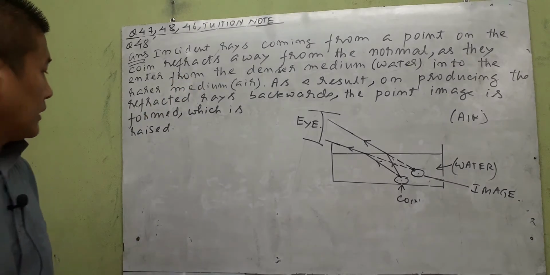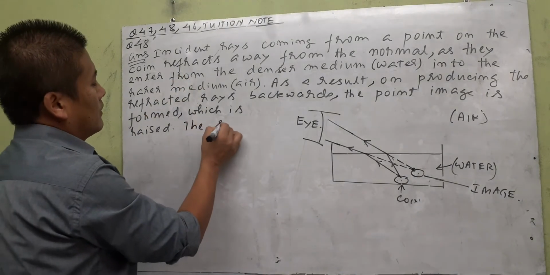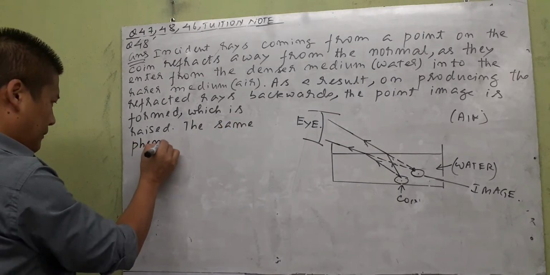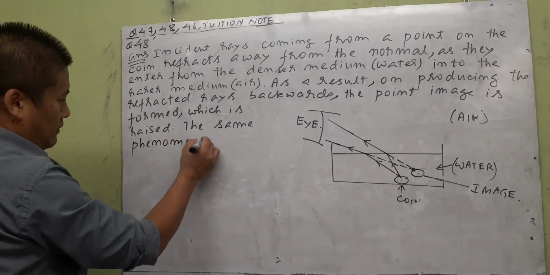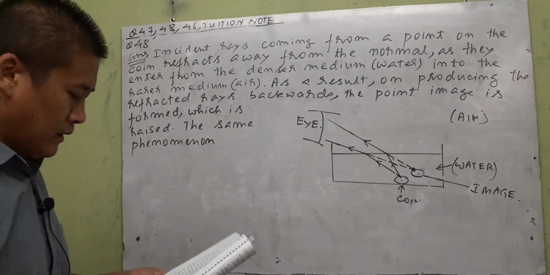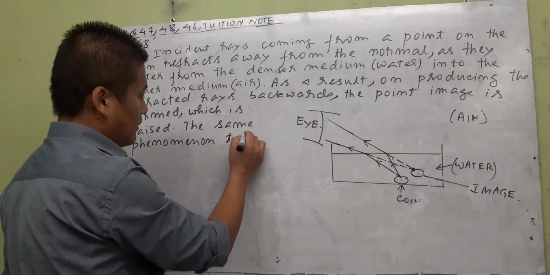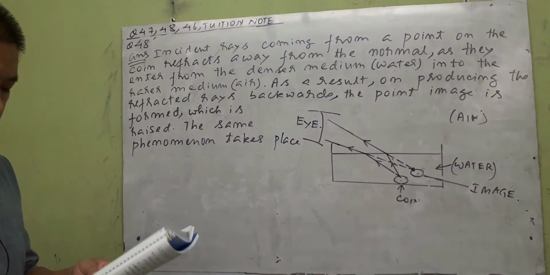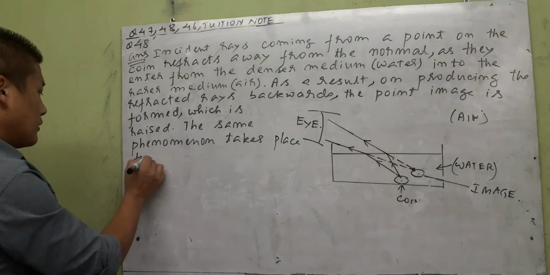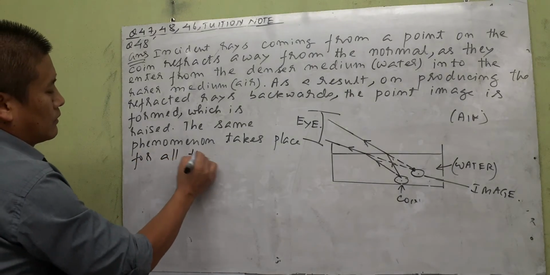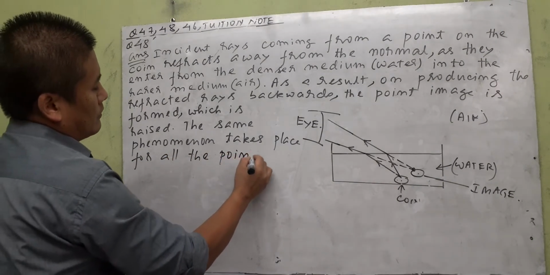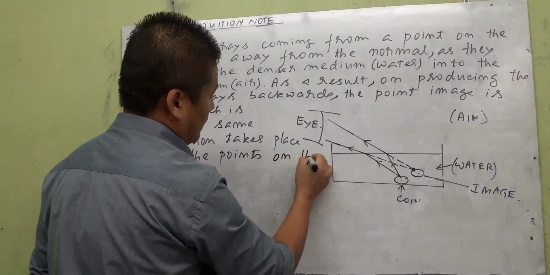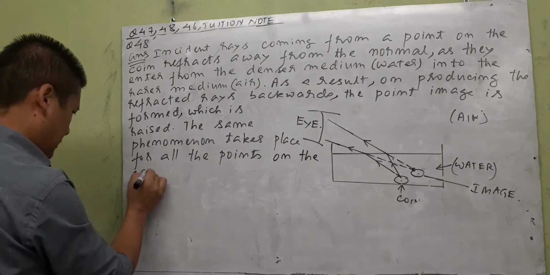The same phenomenon takes place for all the points on the coin.